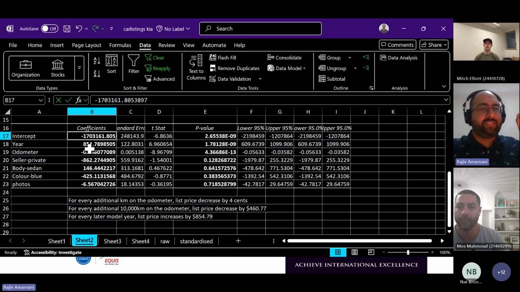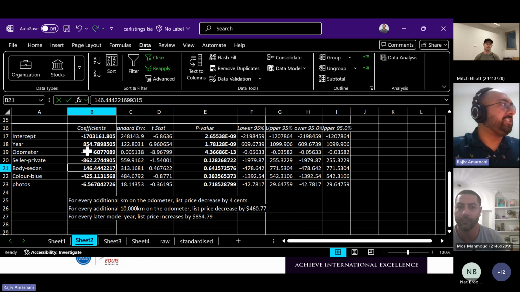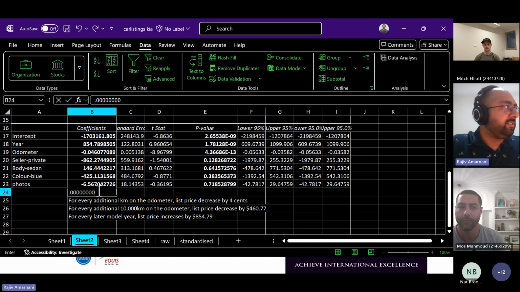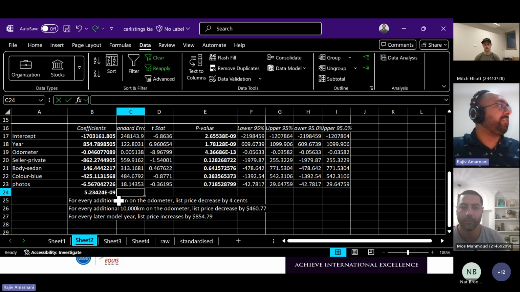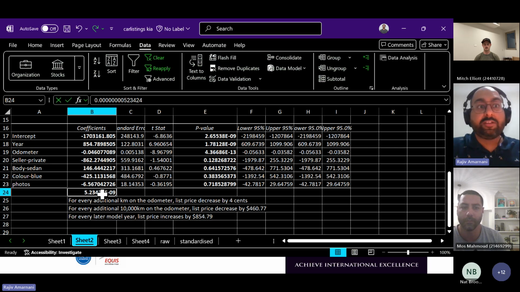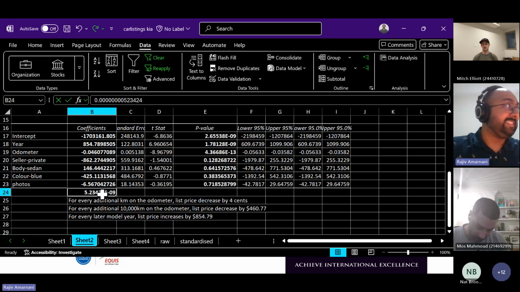But when I would run the regressions, I would get coefficients like 0.000, blah, blah, blah. When you end up with coefficients that small, your variable should be rescaled because you bump into rounding error, and rounding error can stuff things up quite easily.